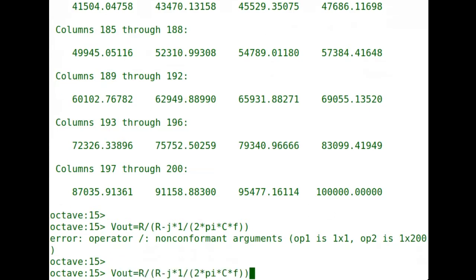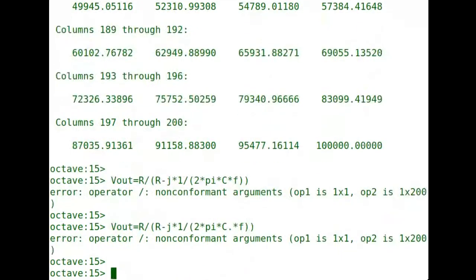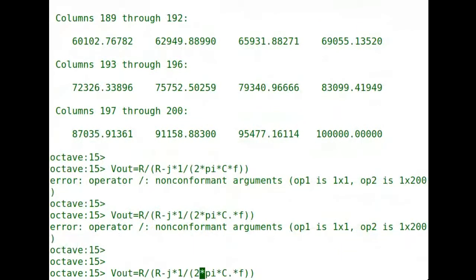So what we have to do is use this special calculation by putting a dot in front of this. I didn't think that would work, so I pretty much just have to come through and do a dot. Anytime I do a multiply or divide, I just need to put this dot in here.